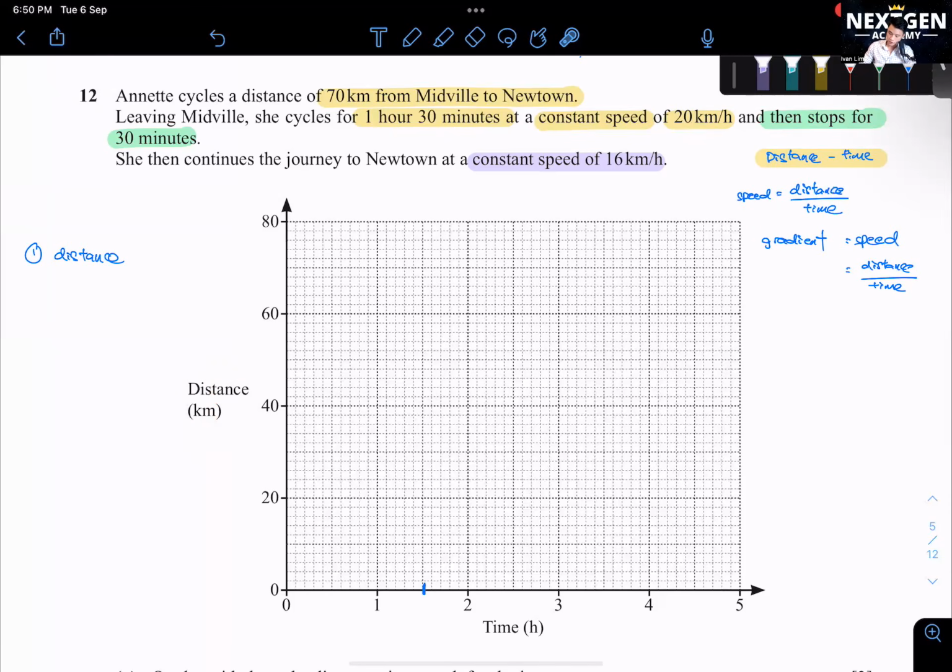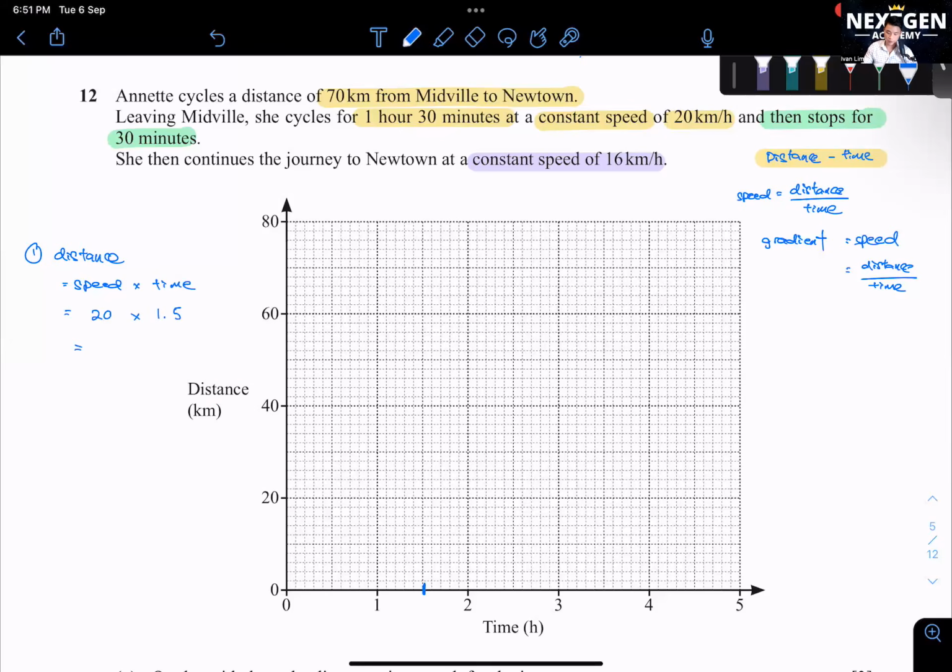According to the formula, remember the triangle, distance equals speed times time. Speed is 20 km per hour, and time is 1.5 hours. You have to change it to hours, so 1 hour 30 minutes is 1.5 hours.